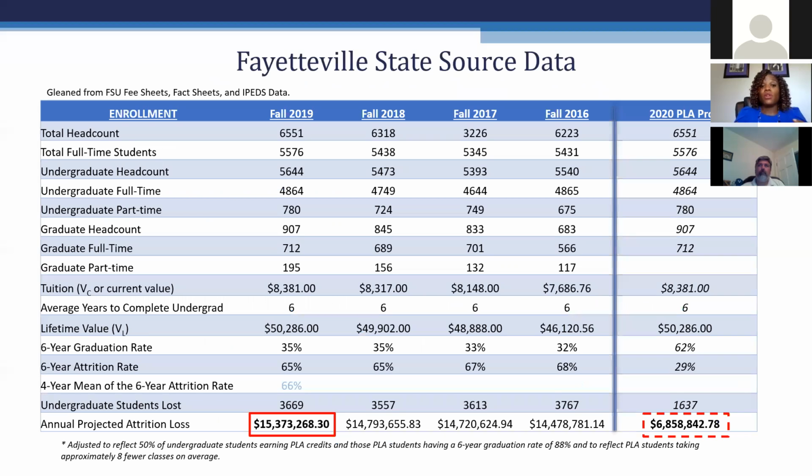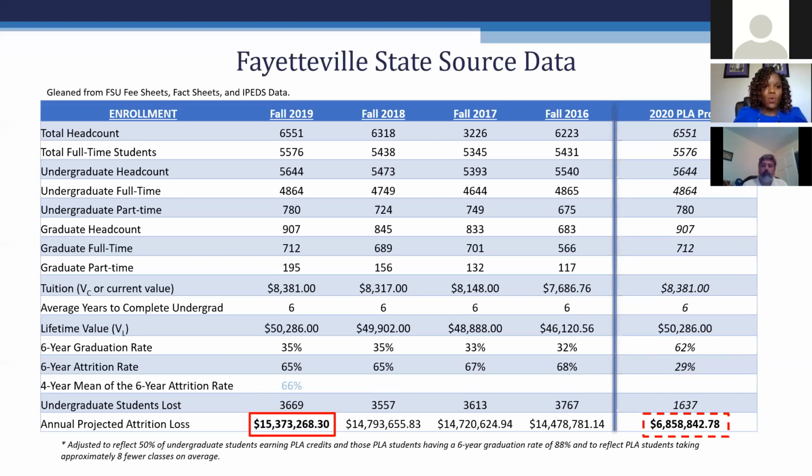All right, so in preparation for this presentation and just for kicks, I said, let me pull some numbers and see what this would look like if my current institution, Fayetteville State, were to explore this. So I pulled some data from Fayetteville State's fee sheets, fact sheets, and iPads. According to the numbers, with a few assumptions, right, we don't yet have fall 2020 enrollment data.